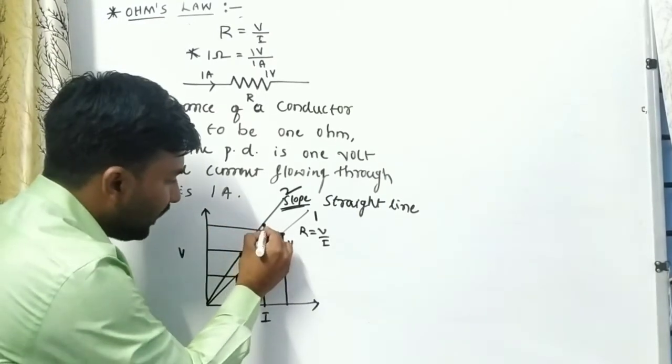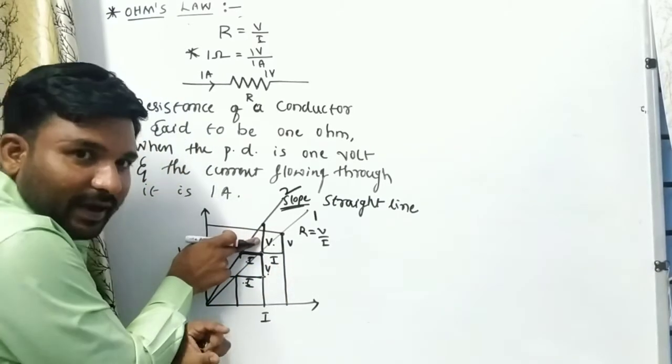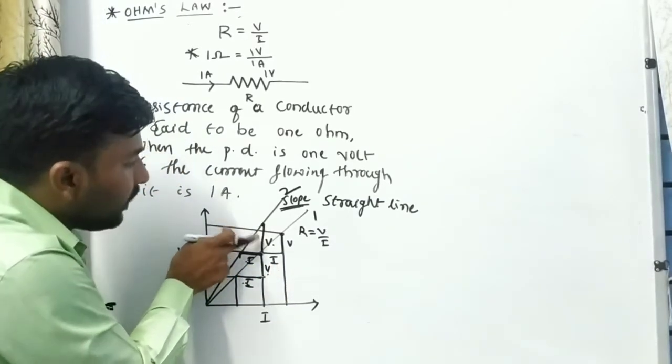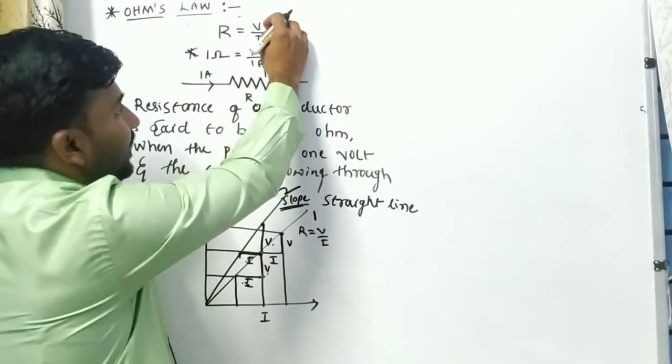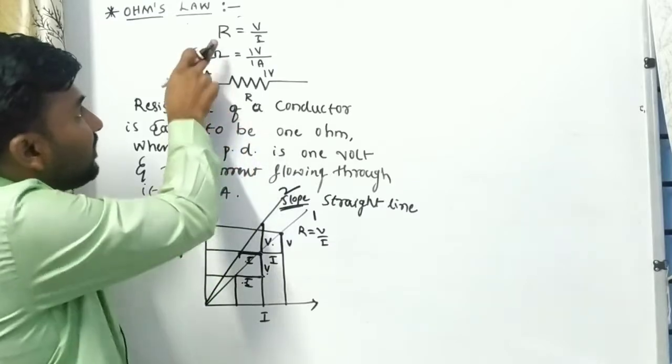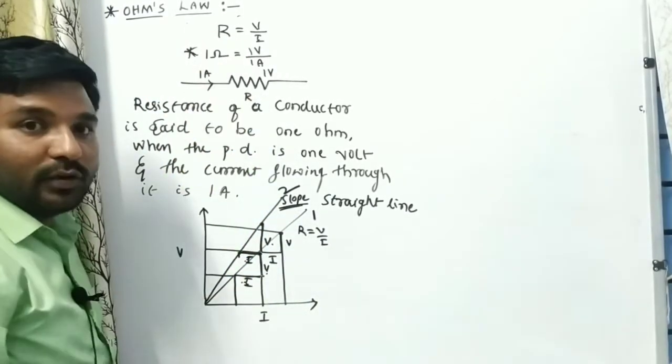Now look at this formula. If the voltage increases, the value increases, which means obviously the resistance also increases.